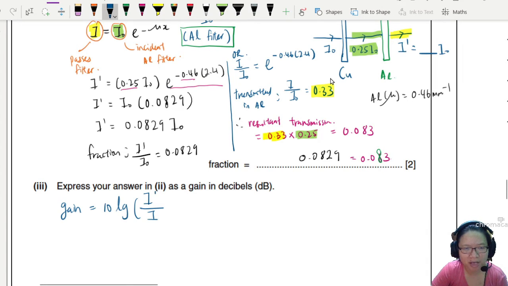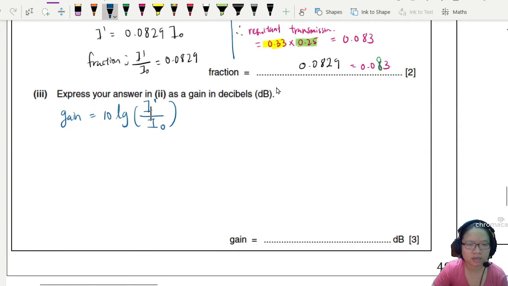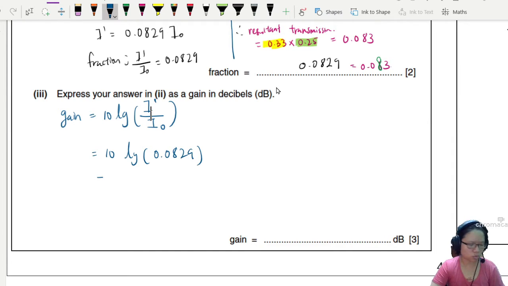You are ratioing I prime over I naught, which is what you have here, this fraction, 0.0825, or you could also use this. So by looking at this fraction, what I need to do is 10 log, I already found the fraction anyway, 0.083, and I press my calculator.